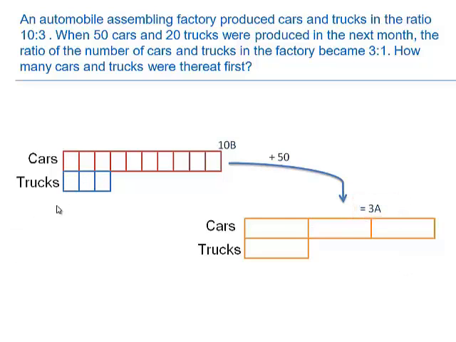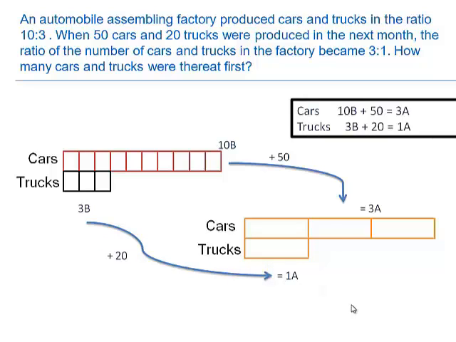Similarly for the trucks, we have 3 before units plus 20 gives us 1 after unit. So now we're going to write this like an equation. For the cars, 10 before units plus 50 gives us 3 after units. For the trucks, when 20 was added to the 3 before units, it became 1 after unit. So we have written this in the form of an equation.